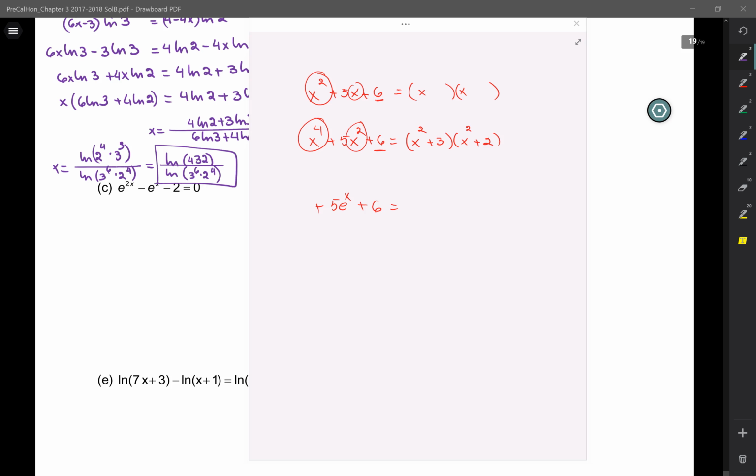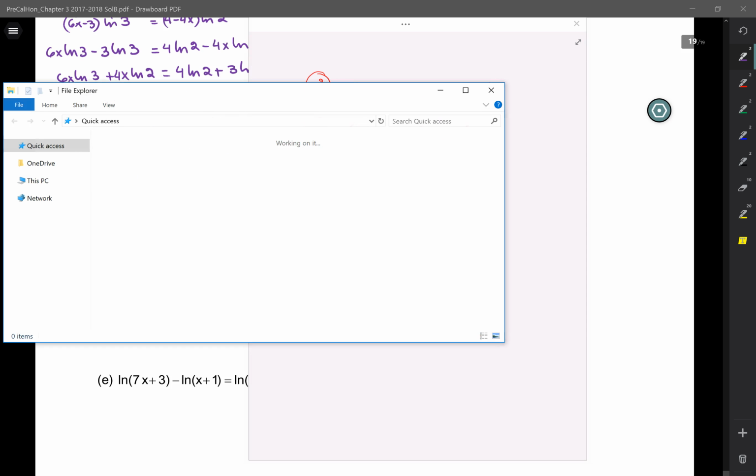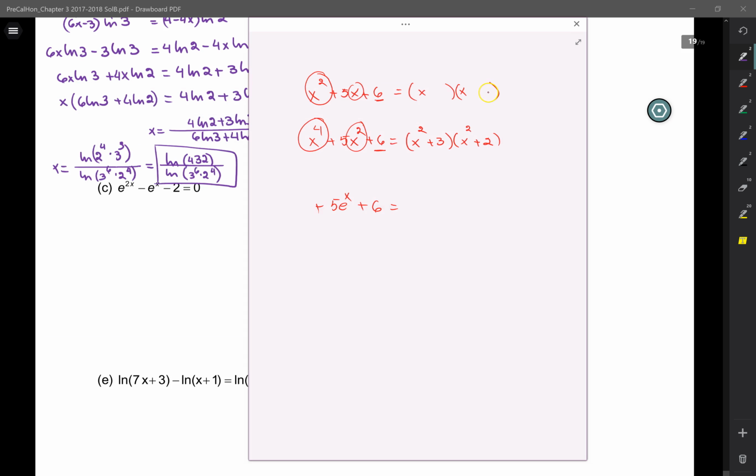What would the square be here of e to the x? E to the 2x. Moral of the story being, even this I can factor in quadratic form. But now, instead of doing x and x, or x squared and x squared, I now have e to the x and e to the x.